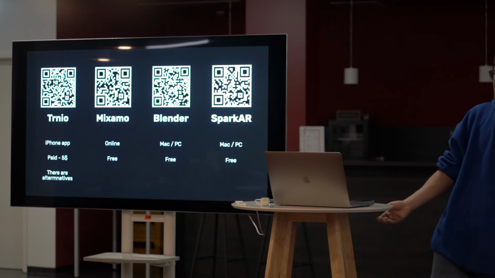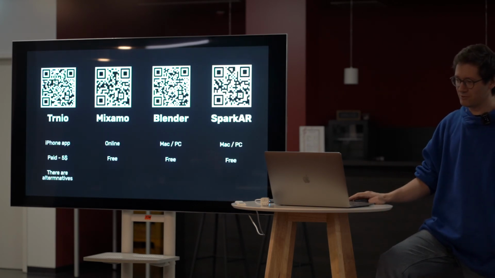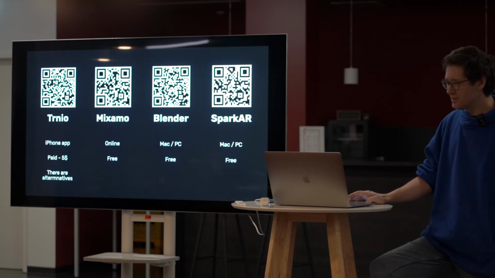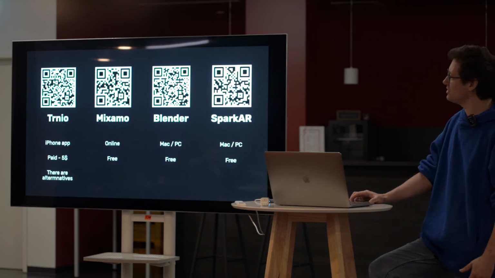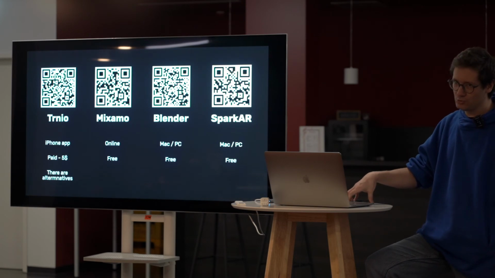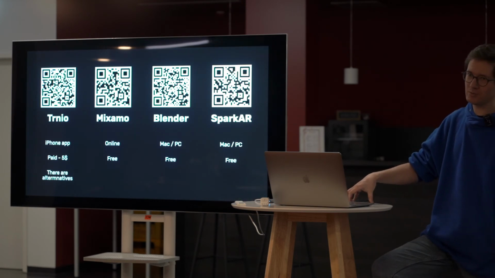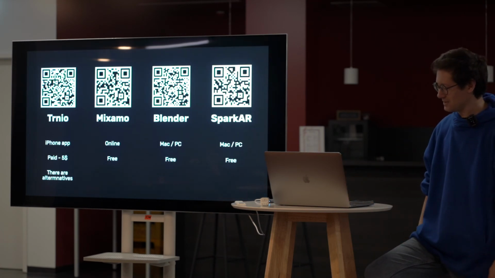Then you can apply the animation if you want some of the default animations from Mixamo. And then Blender, one of those programs where you can edit anything in 3D. And then Spark AR is software to edit the Instagram filter, publish it and share it with your friends. Any questions?